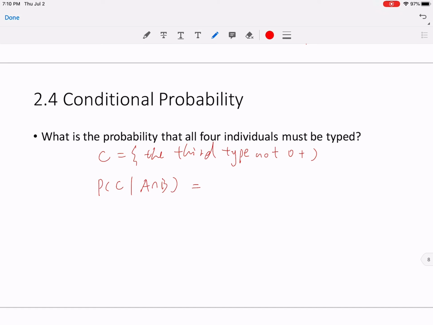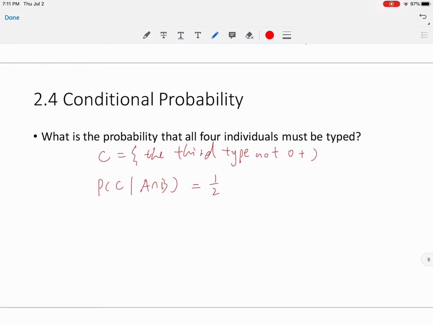Okay, so after the first 2 taps, and we know neither of them has O positive, how many people are left in total? We have 2 people left. And how many of them don't have the O positive? Only 1 of them doesn't have the O positive. So the probability of C given A intersection B would be 1 over 2.